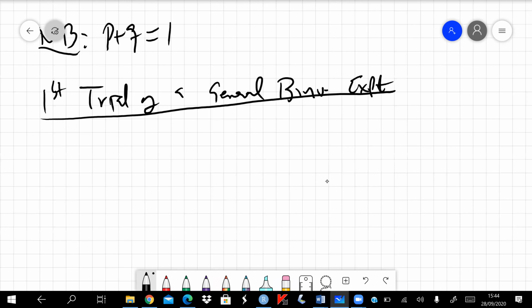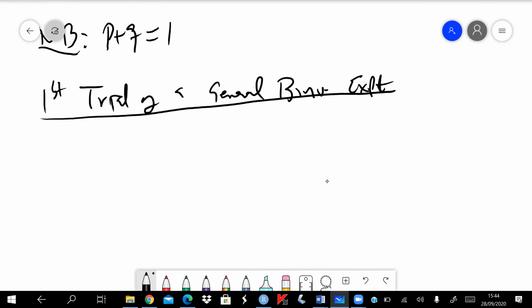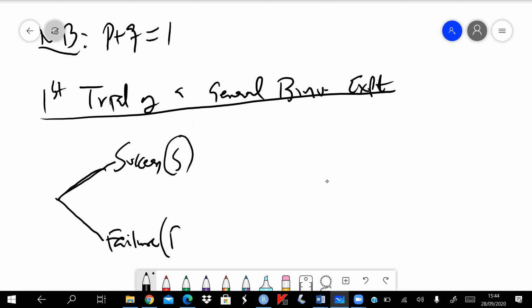So I'll be using a tree diagram to enumerate the sample space. If you have a binomial experiment with only one trial, you'll end up with a tree diagram looking like that, where this is success or failure. I'll be using S for success and F for failure.